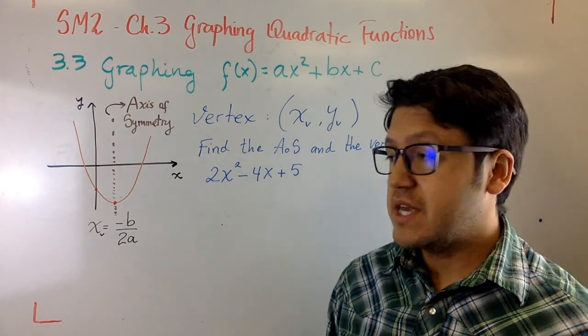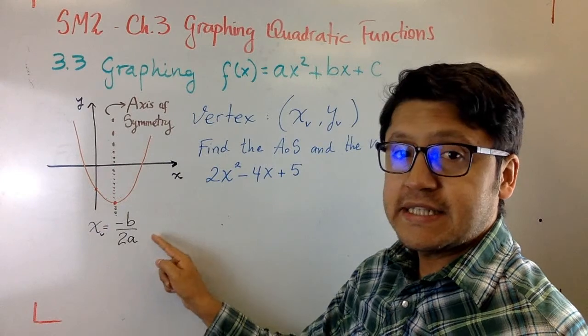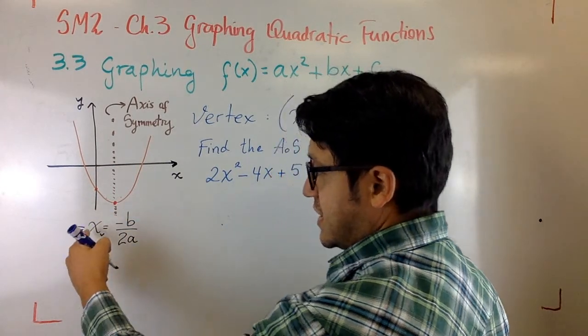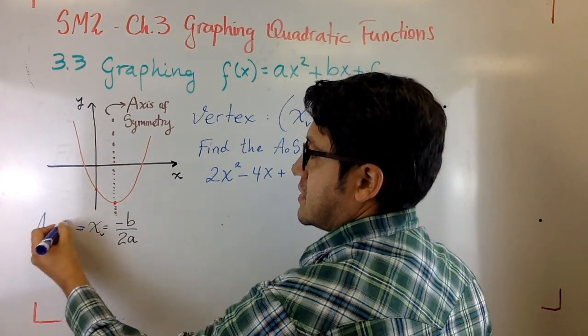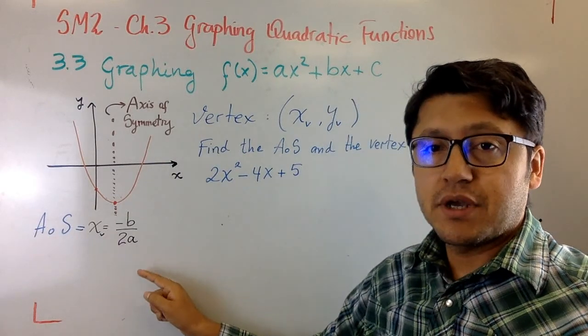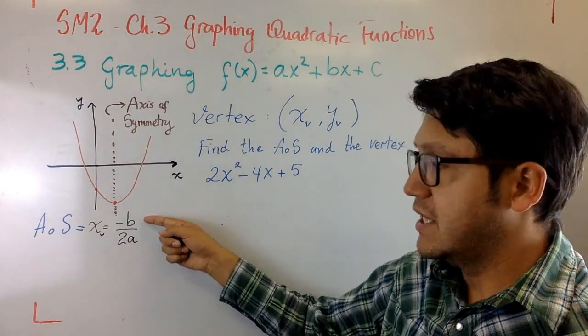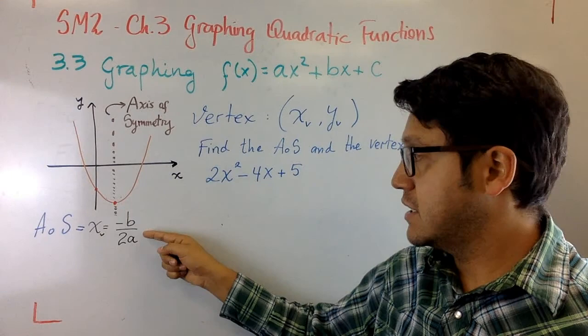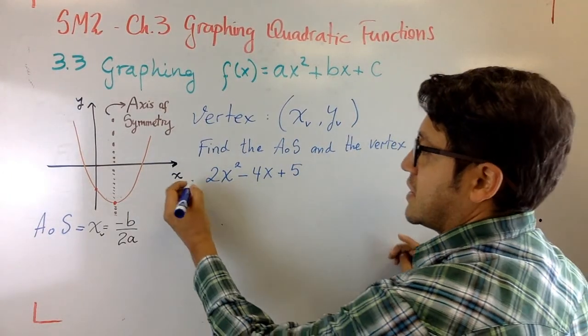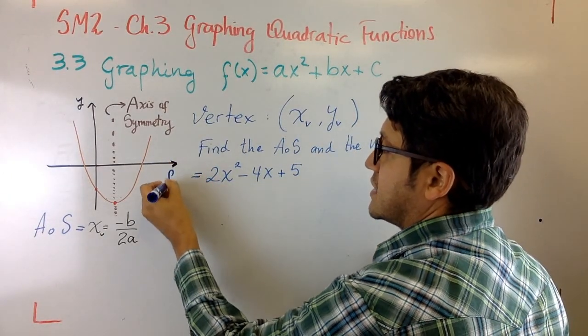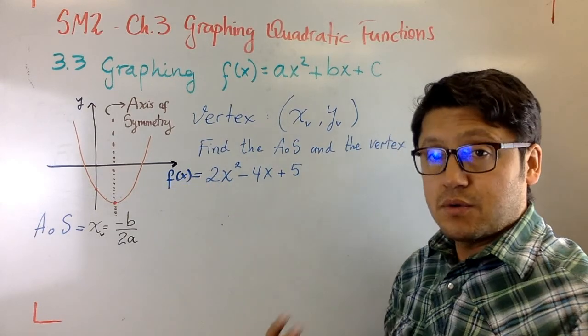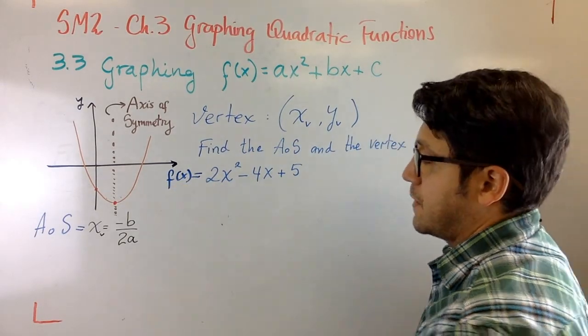So let's begin with the axis of symmetry. What I indicated here is that this same line is the axis of symmetry. So what do we need to do? Let's identify what b is and what a is. From this, let's indicate that this is f of x. It's a quadratic function. So what is b?